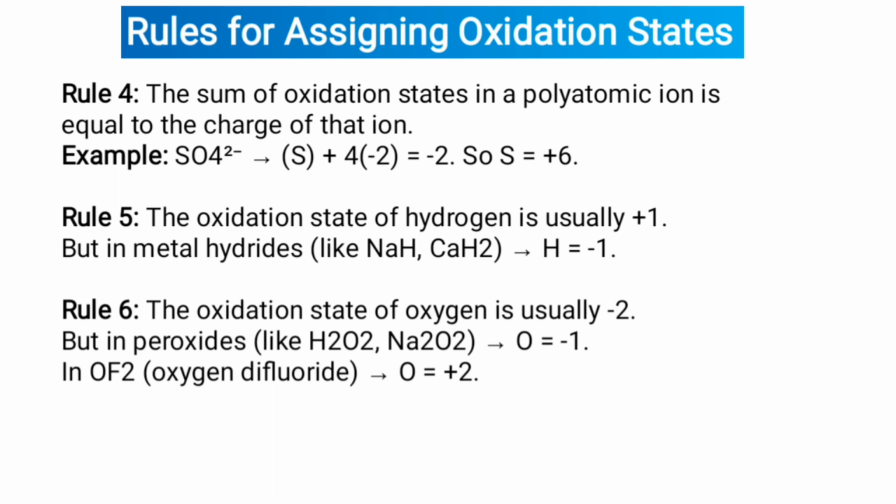And rule 6, the oxidation state of oxygen is usually -2, but in peroxides like H2O2 and Na2O2, the oxidation state of oxygen is -1. And in OF2, oxygen difluoride, oxygen has +2 oxidation state.